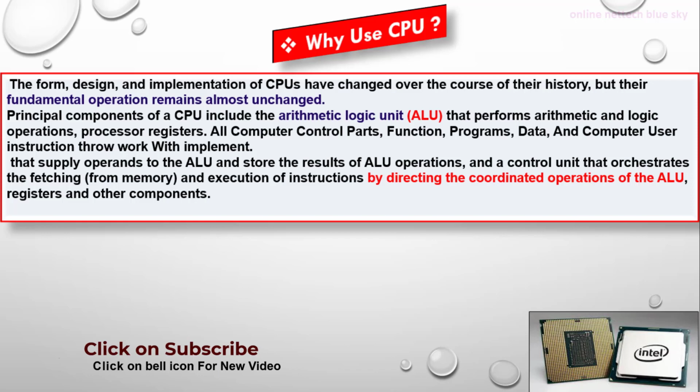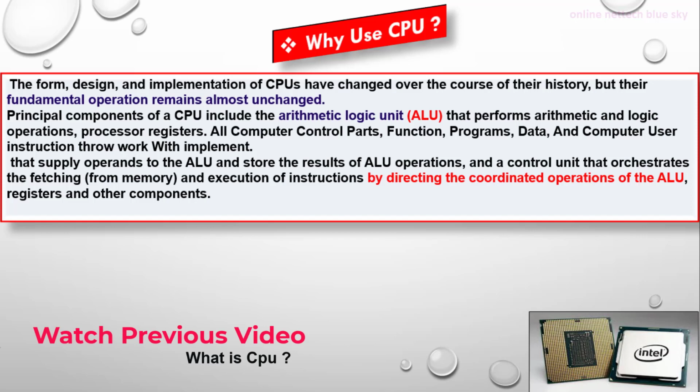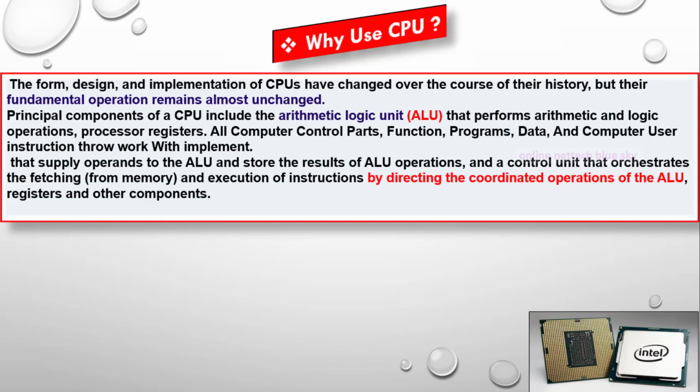And the control unit orchestrates the fetching from memory and the execution of the instruction. The CPU has one type of memory, L1 and L2 cache memory. I will discuss cache memory in some video, but understand that without the memory, the CPU has no instruction.